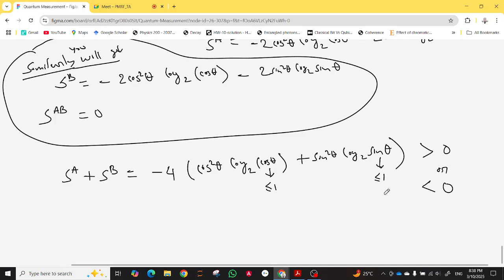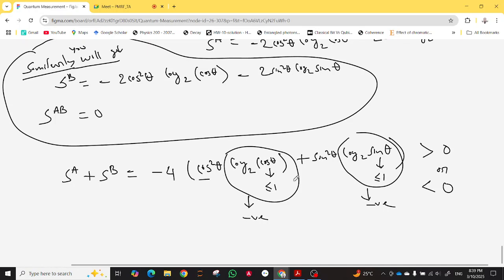Now you are taking the logarithm of these terms. Taking the logarithm of something less than 1 gives a negative, and this term is also negative.